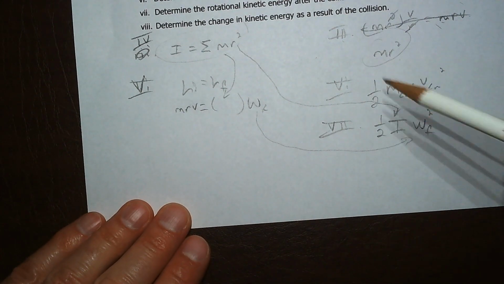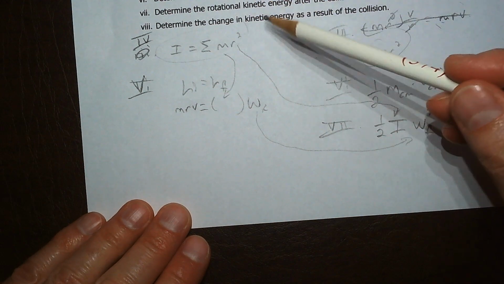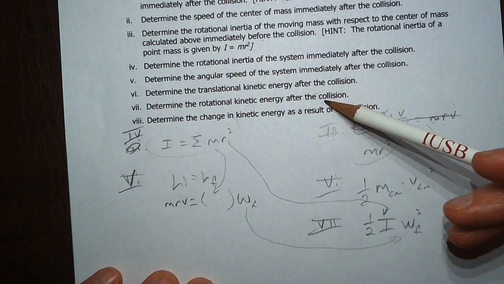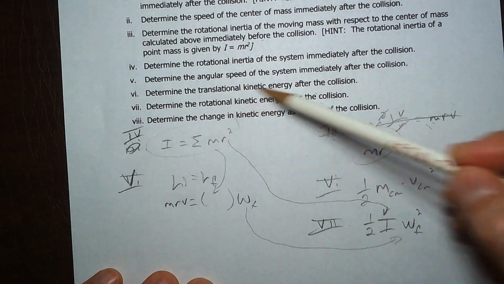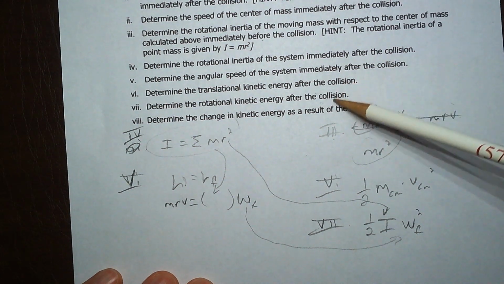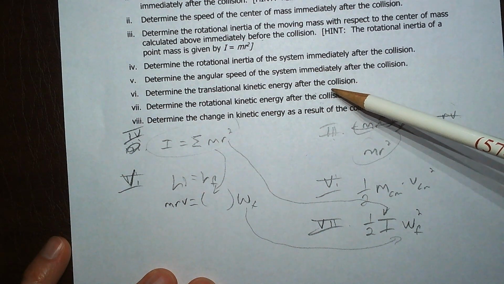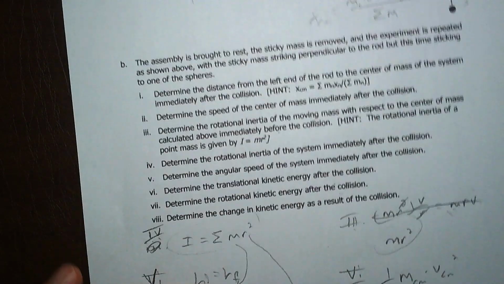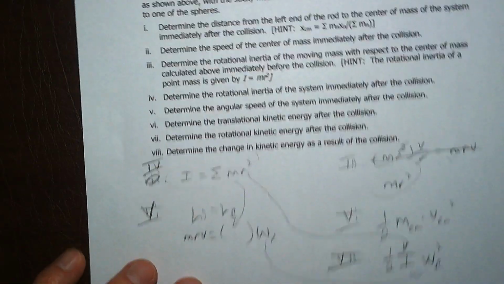And then we found the rotational after the collision, right here, and we found the translational after the collision. So if we add these two answers together, that would be the final kinetic energy. And the initial, again, would be 1/2 of 0.3 times 4 squared. And so you could figure out the change in kinetic energy.